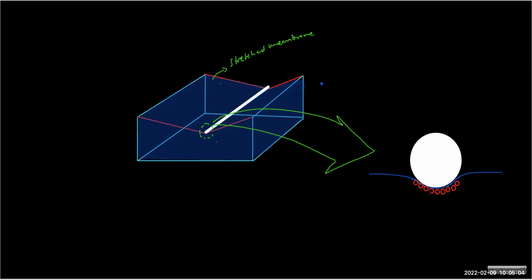These are just for demonstration, and these molecules will attract each other.